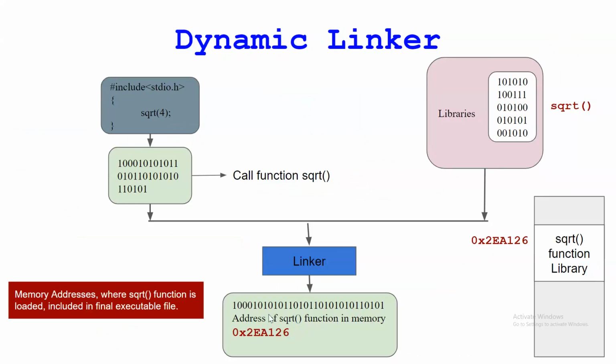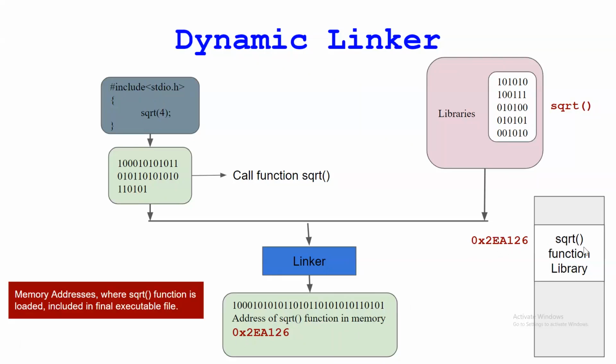Now this is the binary format or machine code of this file, excluding the sqrt, and in this part we are simply referring to the address of the sqrt library function. Only this we have written over here.